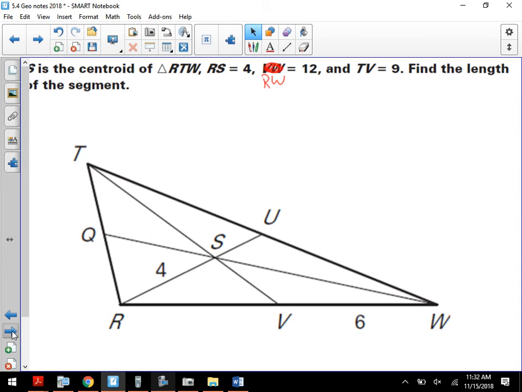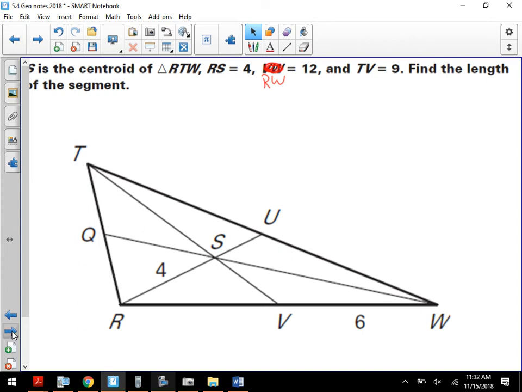As you get going into this, what you want to look at is just the picture. Remember what medians are connecting. Medians connect midpoints.